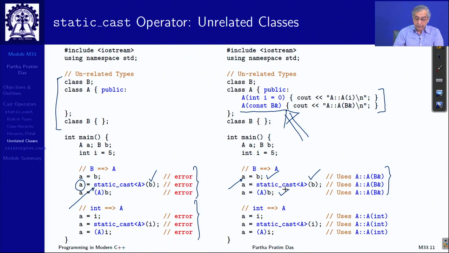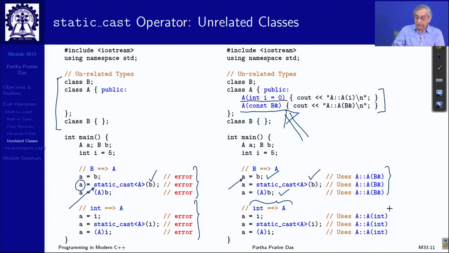Using the same style, I can also do a conversion from int to A, because again, if I am converting an integer to an A object, it means that given an integer, I want to construct an A object, which means a constructor of this form. An A object will be created by this constructor.